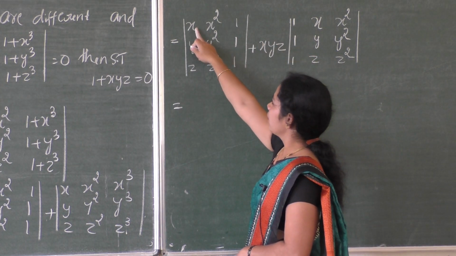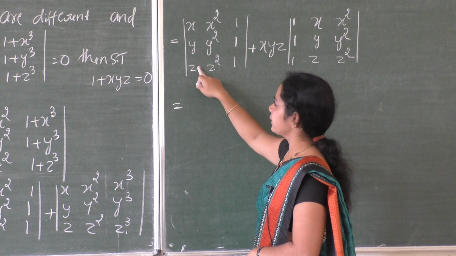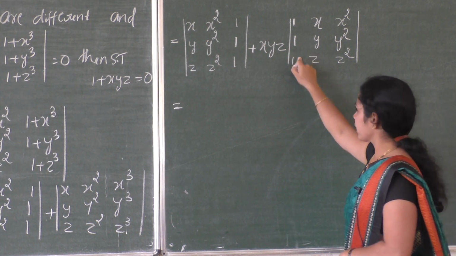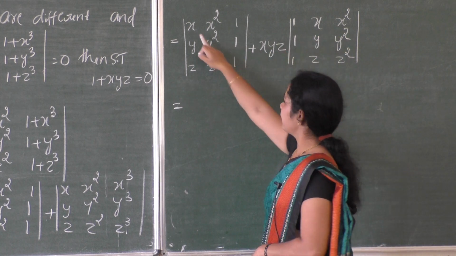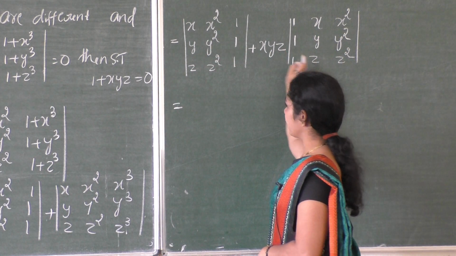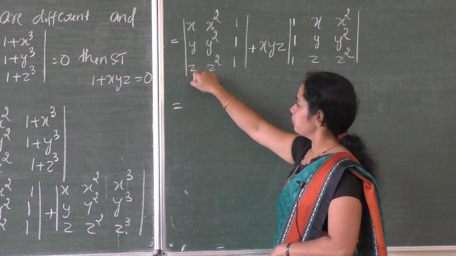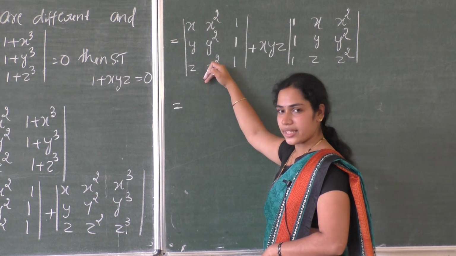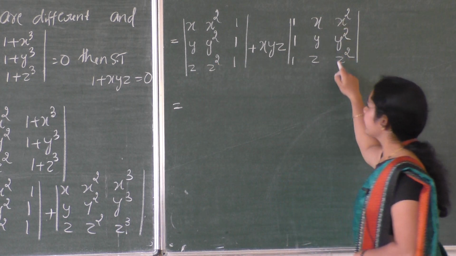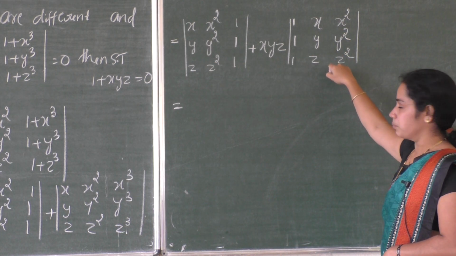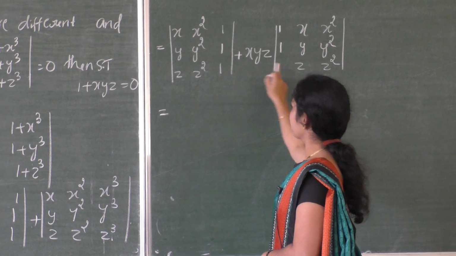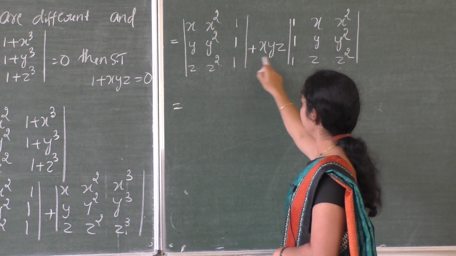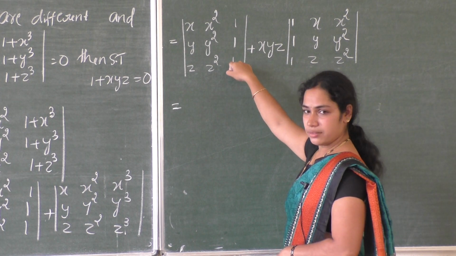Here the first column contains x, y, z, but here we have 1, 1, 1. Here x, y, z is in the second column, but here in the first column. Here x square, y square, z square is in the second column, here it is in the third column. So they are not equal, but the values are the same. So we can make this as equal.